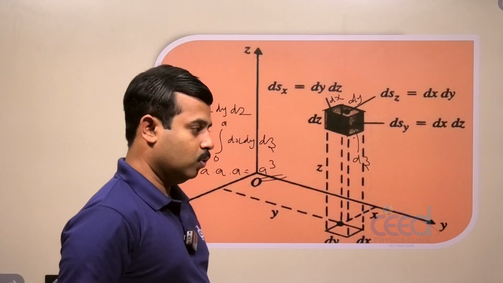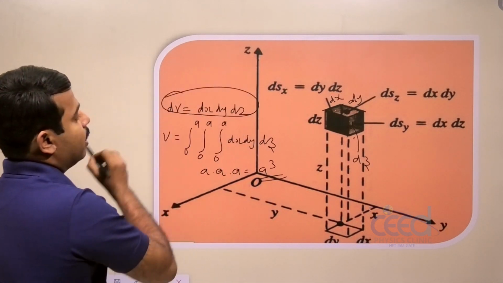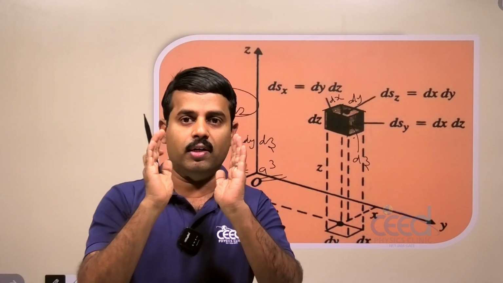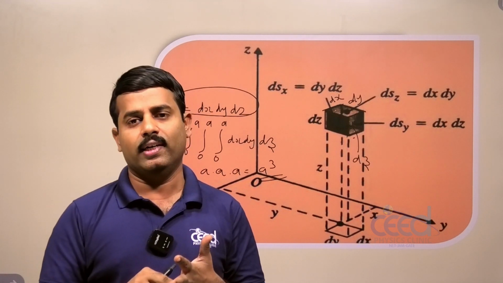So the volume element in the three-dimensional Cartesian coordinate system we can represent as dx dy dz.